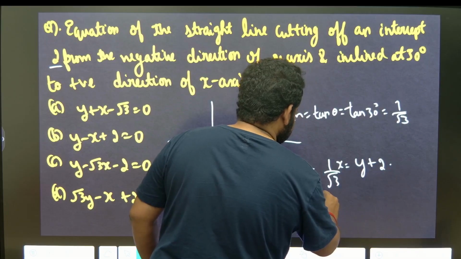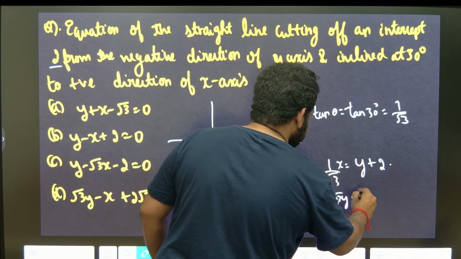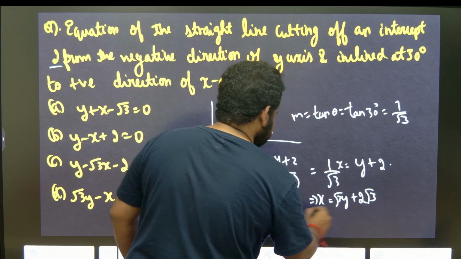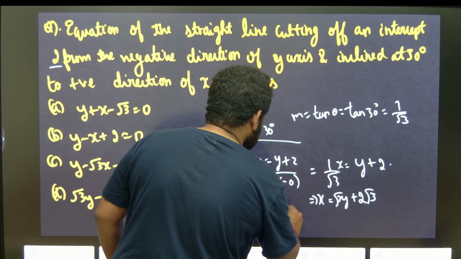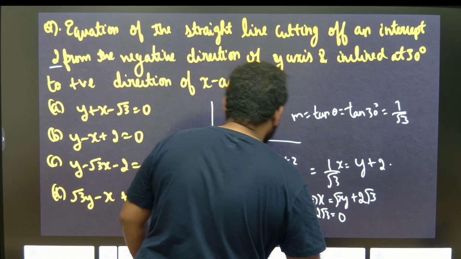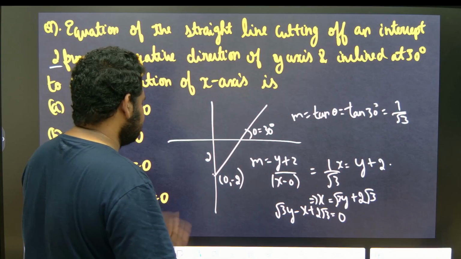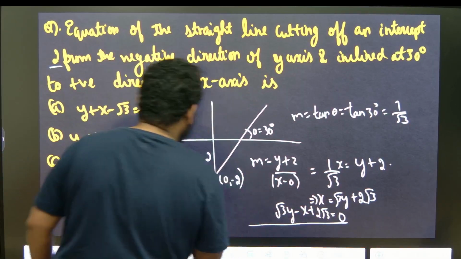So x is equal to root 3y plus 2 root 3. This implies root 3y minus x plus 2 root 3 is equal to 0. That is option D.